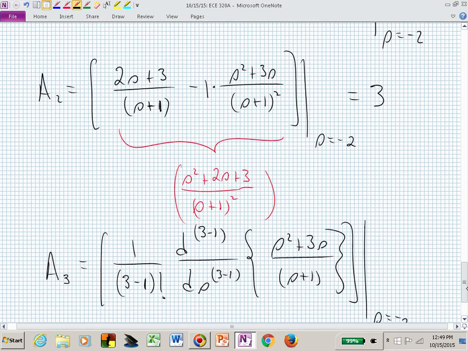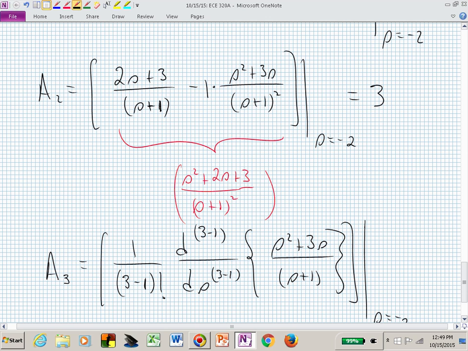And I ended up with what's in the square brackets. I actually simplified that, or put that over a common denominator, but before I did that even, I could have evaluated it at s equal to minus 2. Whatever way you want to do it, you end up with 3 for a sub 2.